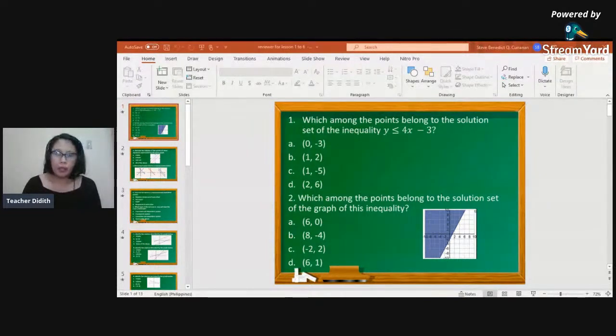Now, I'm encouraging everyone to participate by writing the letter of your choice whenever we proceed in every problem that I'm going to discuss as a review for your upcoming long test.